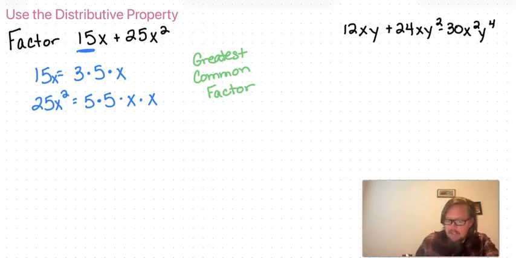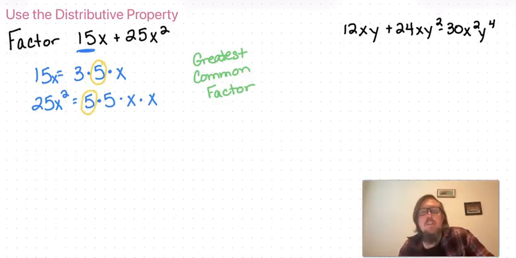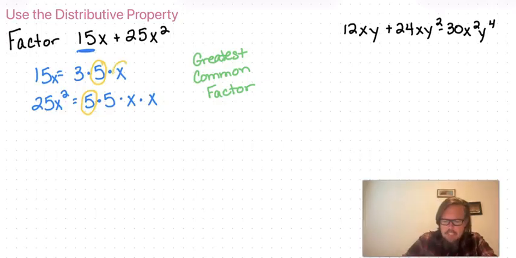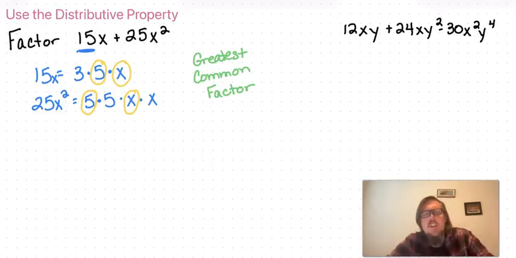And that's easy enough. If I look at both of these lists, I can see, first of all, that there is a 5 in both of these lists. So 5 is a common factor of 15x and 25x squared. 5 is a common factor. What else is a common factor? Well, both of these have an x. So x is also a common factor.